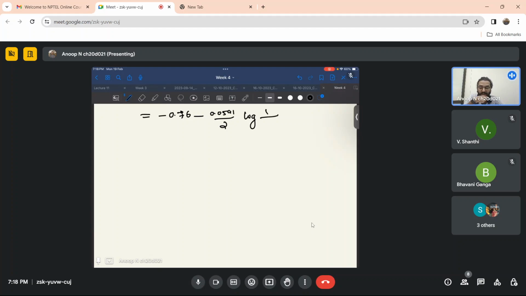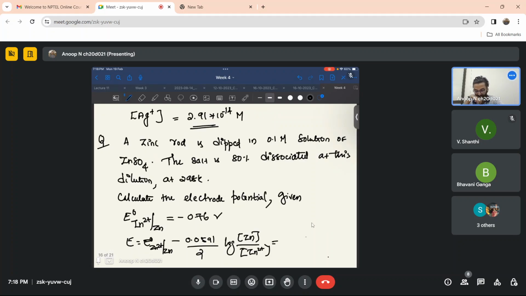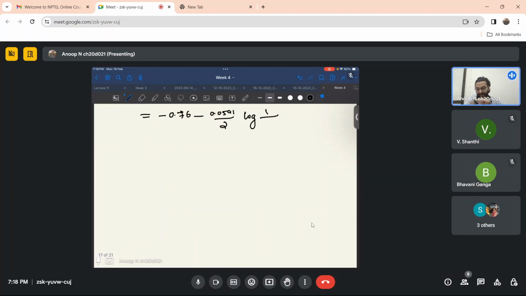Look at this point. 80% dissociated. Then what will be the zinc concentration? 0.8 into 0.1, which is nothing but 0.08.